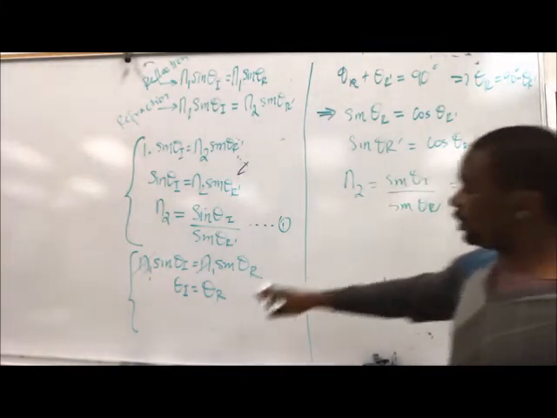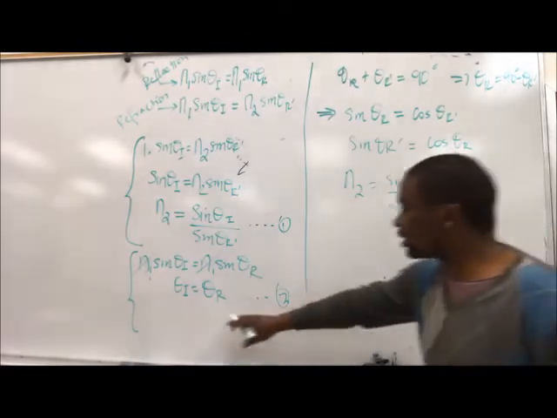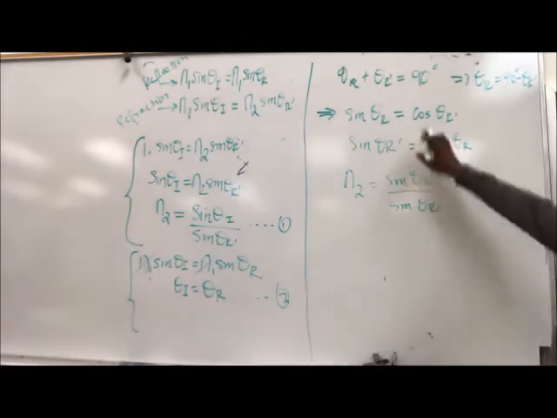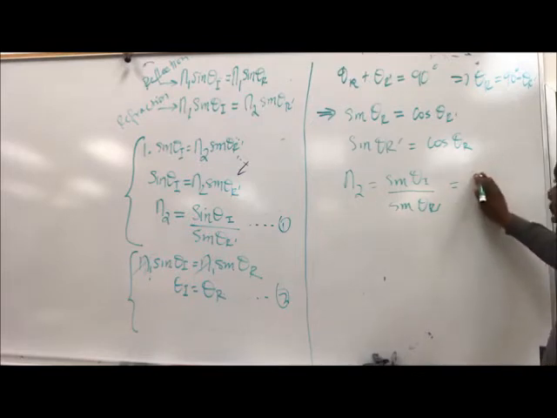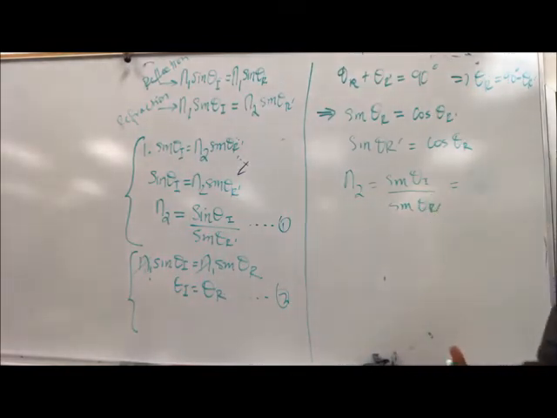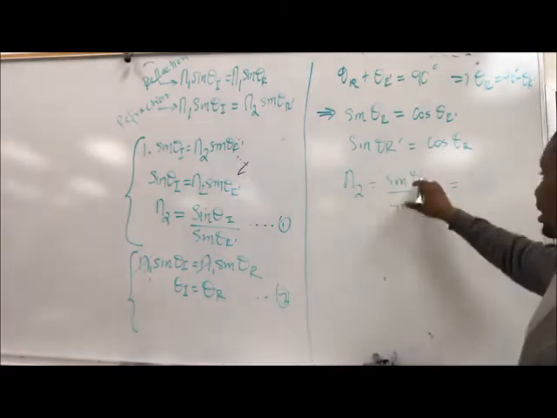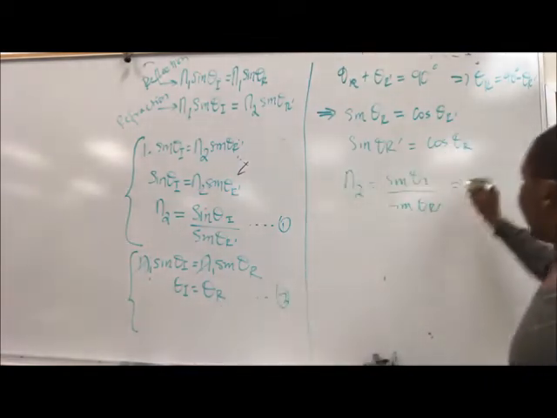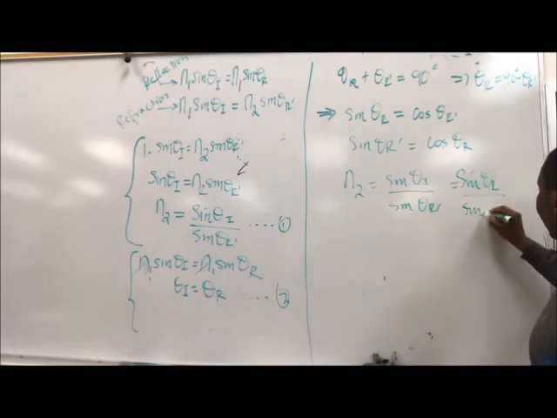If theta i equals theta r, it means sine of theta i is the same as sine of theta r. Well, let me do it step by step. For reflection, angle of incidence equals angle of reflection. If theta i is equal to theta r, then sine of theta i is equal to sine of theta r. So I rewrite this as sine of theta r over sine of theta r prime.